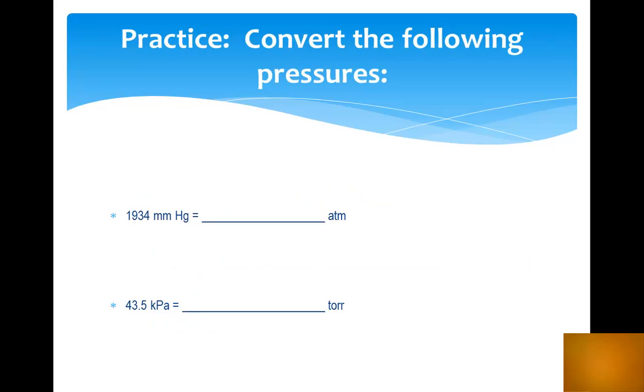Now, let's work on some conversions. For example, if I have 1,934 millimeters of mercury, I'm going to start my problem with 1,934 millimeters of mercury. And we're going to draw our line because we know when we convert, we put the unit we want to cancel on the bottom and the unit we're going to on top.